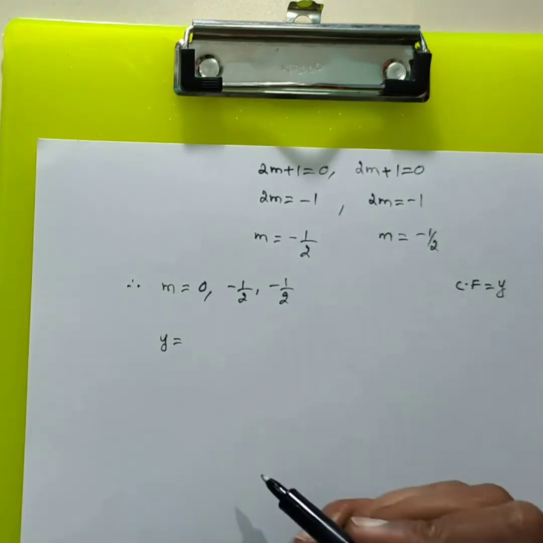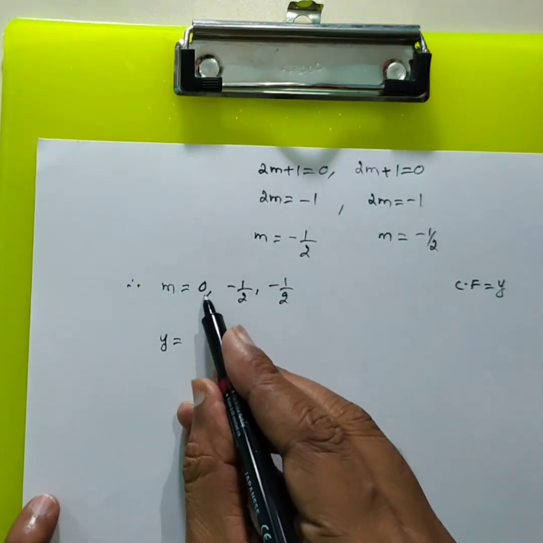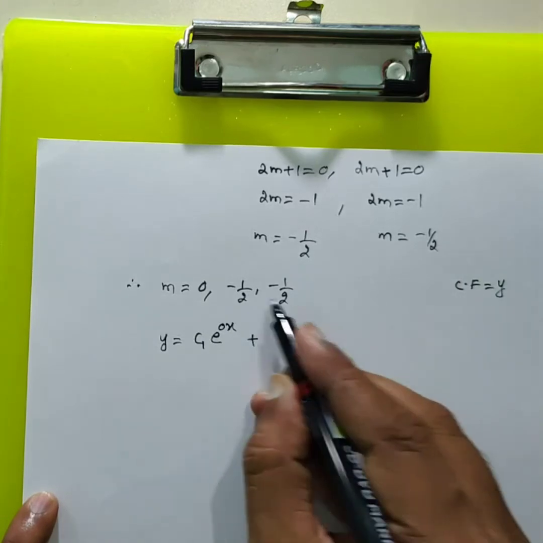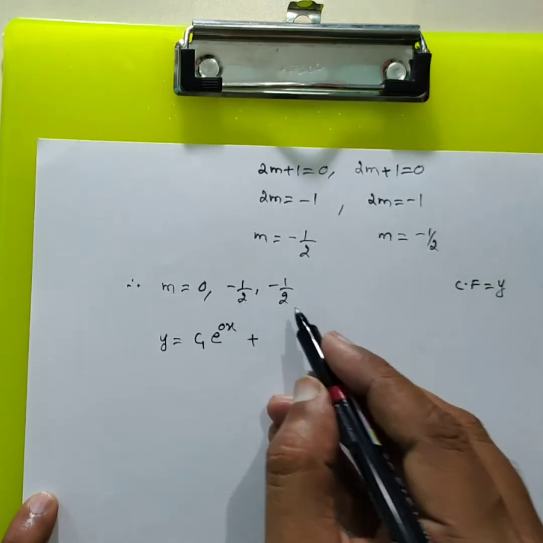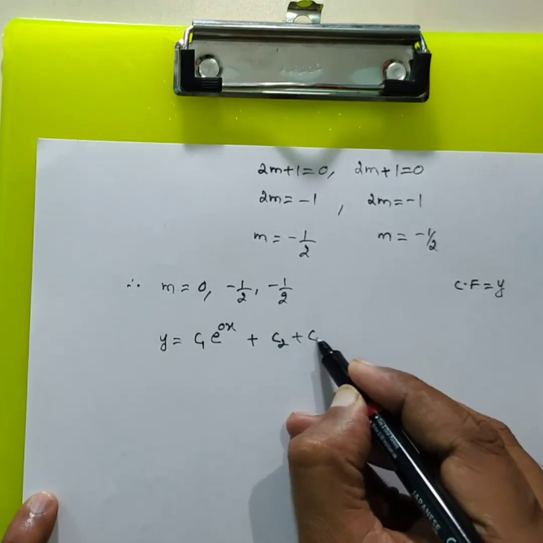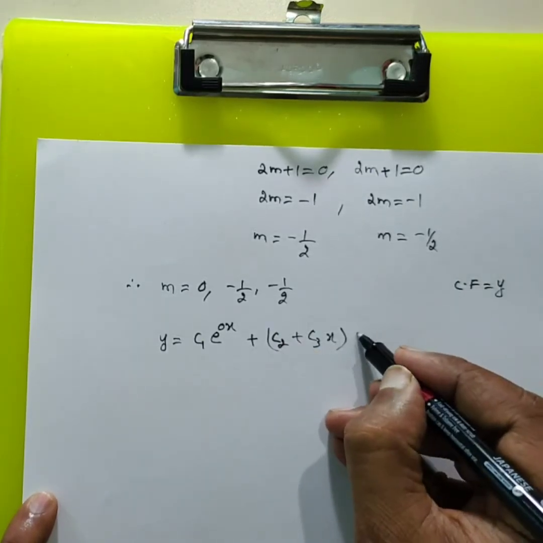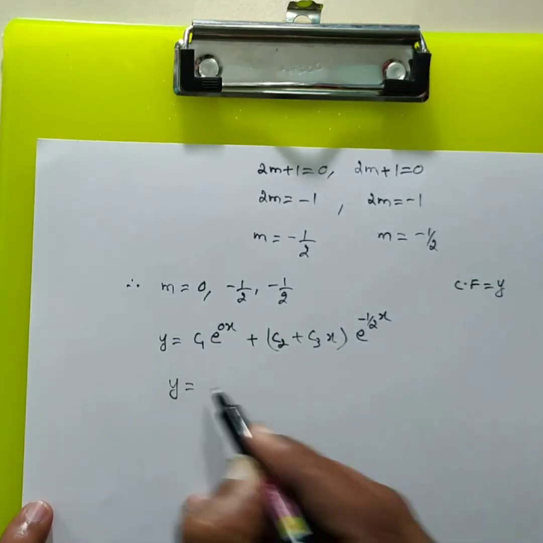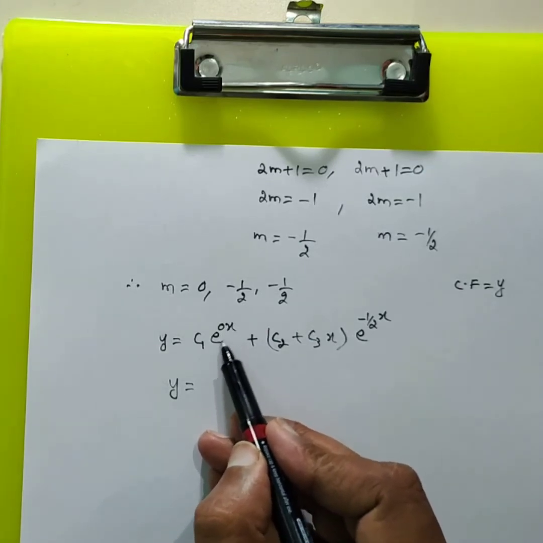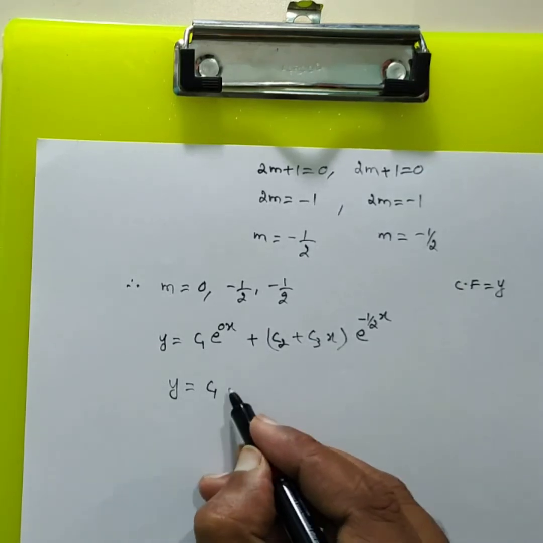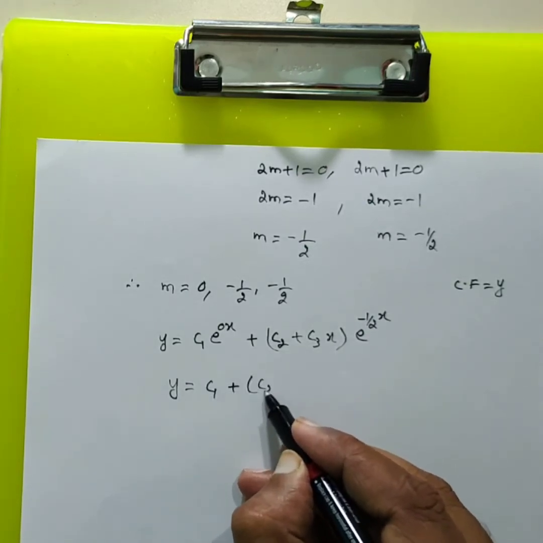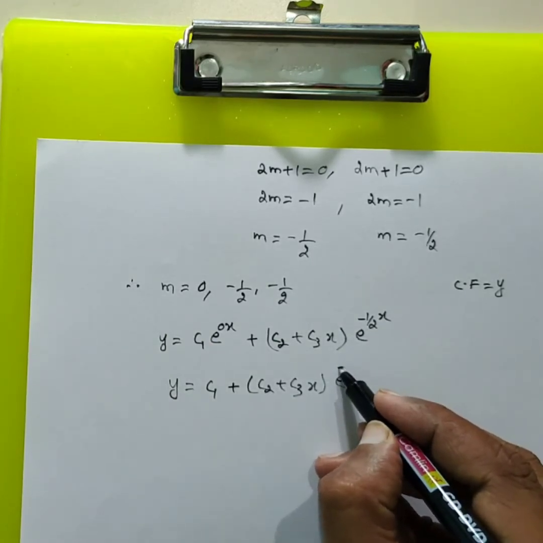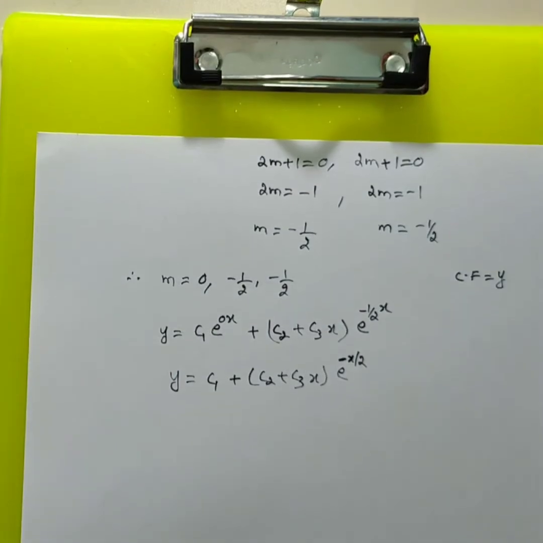So y equals c1 e power 0 times x plus, since the next two roots are repeated, c2 plus c3x into e power of minus half x. Since e power 0 is 1, we just get c1 plus c2 plus c3x into e power of minus x by 2. That will be the required solution.